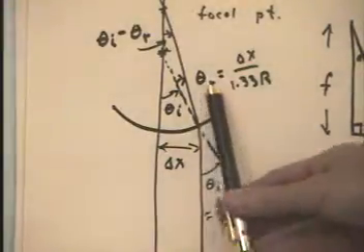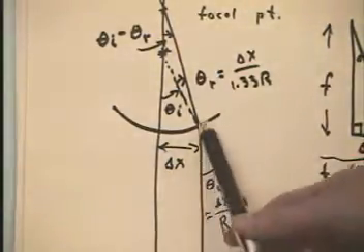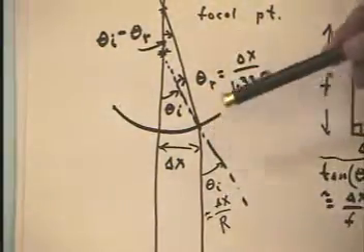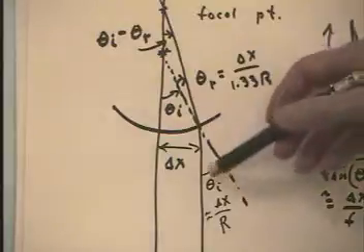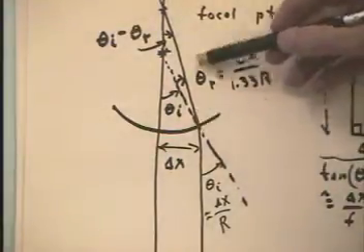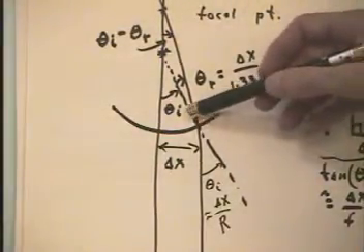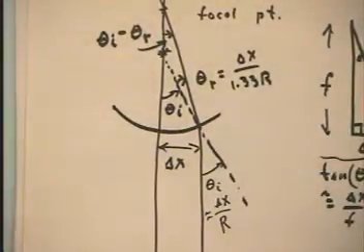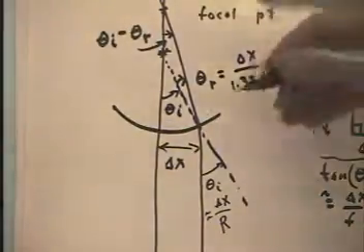We come through here, and if we extend this line straight, then I'd have an angle theta I in here. Let me actually go ahead and indicate where that is.